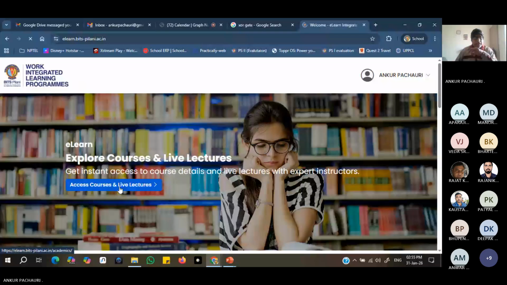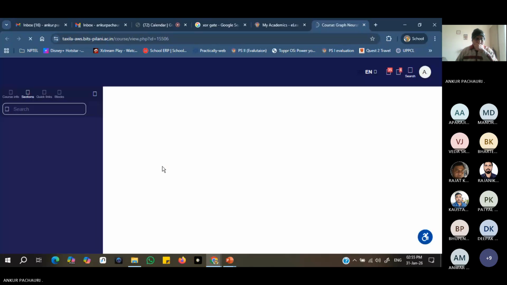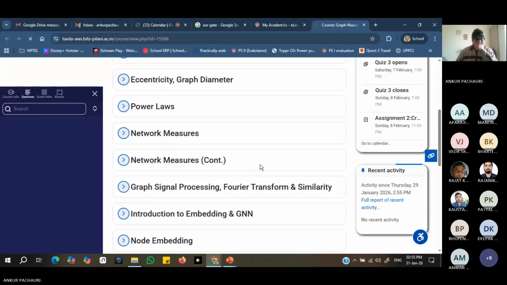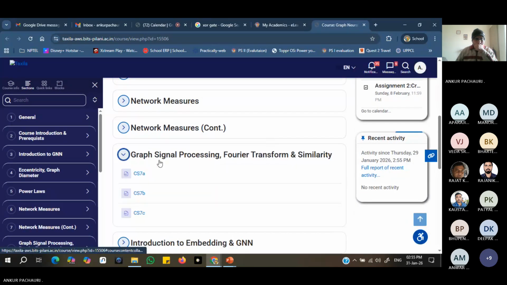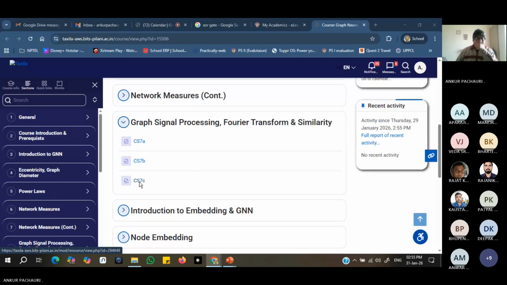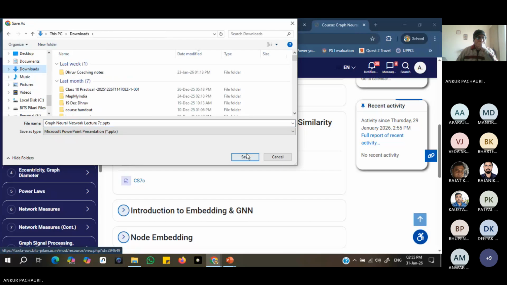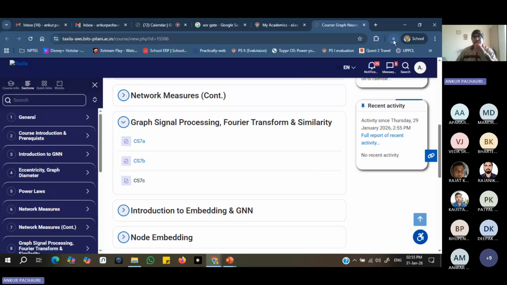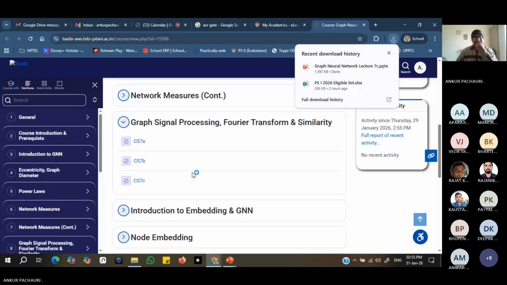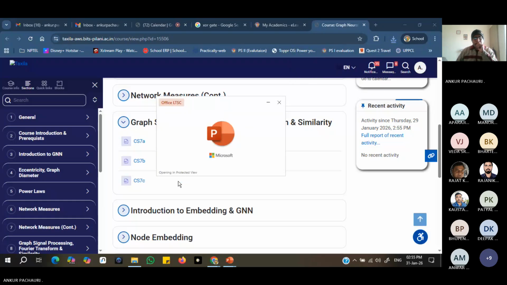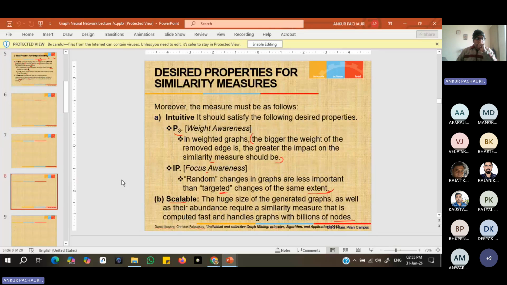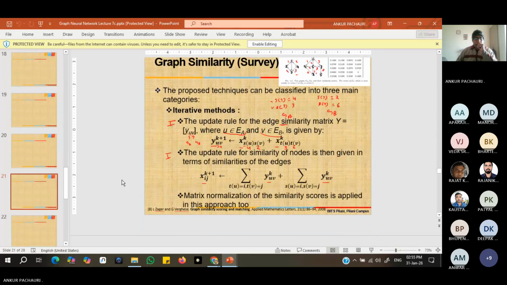So I should not again cover the same topic, and I can quickly move forward. Was it in lecture 7? Let me check. Yes, graph similarity, that's what I was remembering, that I have covered it fully. Yes, then it's fine.